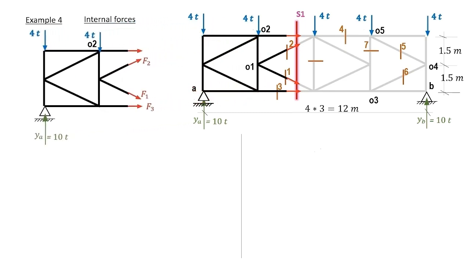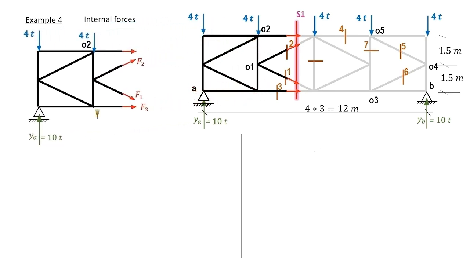We extract the part of the truss here, and we have the analysis of F1 and the analysis of F2 in the horizontal and vertical directions. Now sigma moments about O2 equals 0.